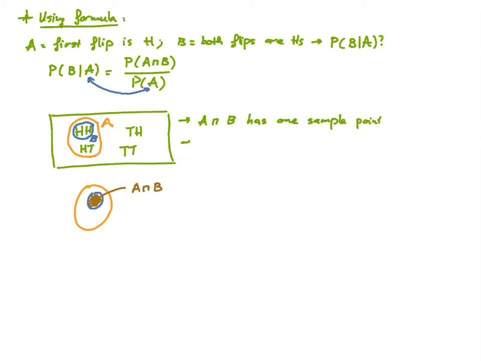So now we want to find the probability of the intersection of A and B. This is going to be the number of ways both A and B happen, so that's 1, divided by the total number of outcomes. Notice that here we're not conditioning on anything, and so we use the original sample space.